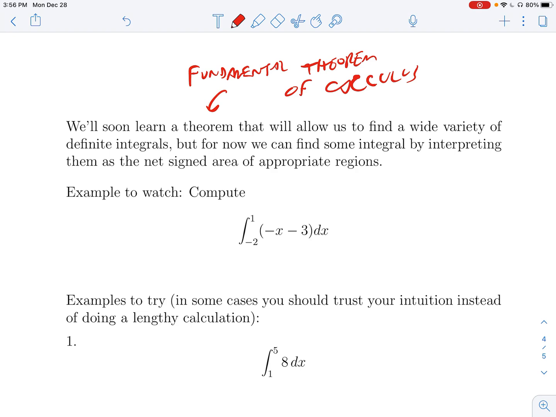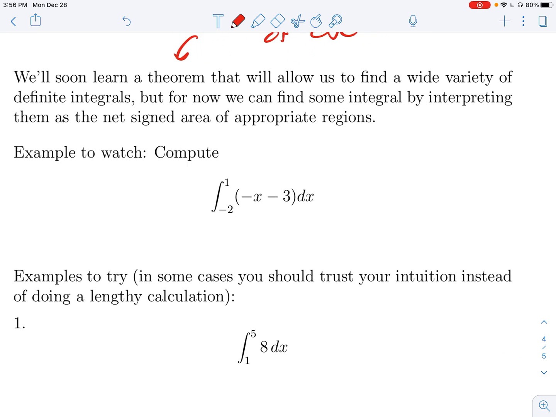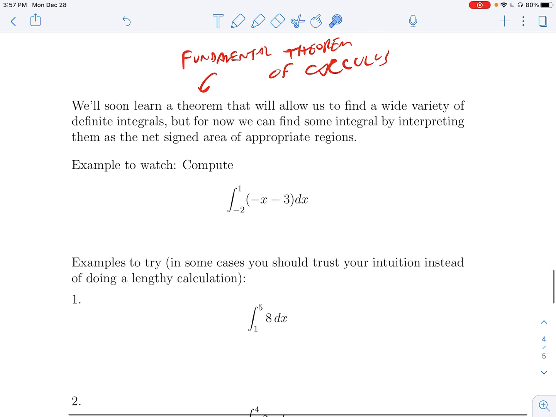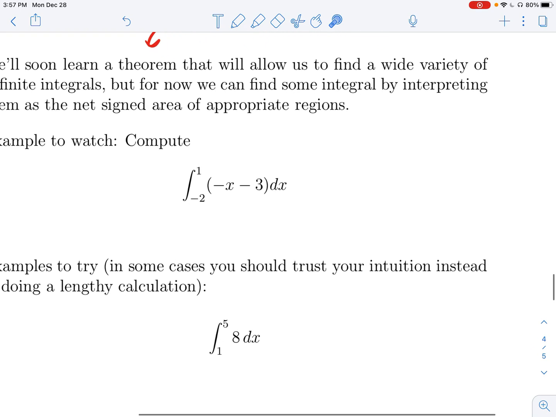But if we understand what an integral is measuring, we can do a lot of these just using what we know about areas. So let's suppose I wanted to compute the definite integral from -2 to 1 of the function negative x minus 3. Let's draw the graph and understand what this is measuring.